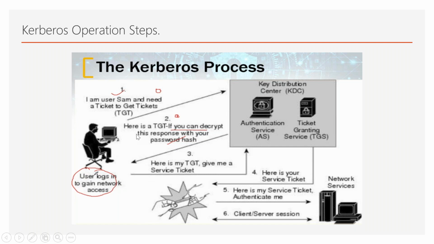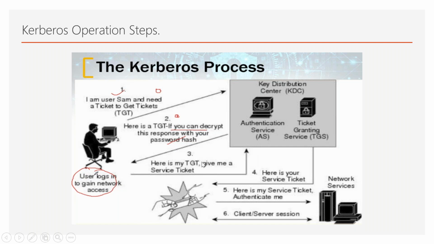The TGT is an encrypted ticket which will be decrypted by the username and password which the user will enter. Once the TGT is decrypted, the user will have a TGT. So the user logs into the network to gain access.